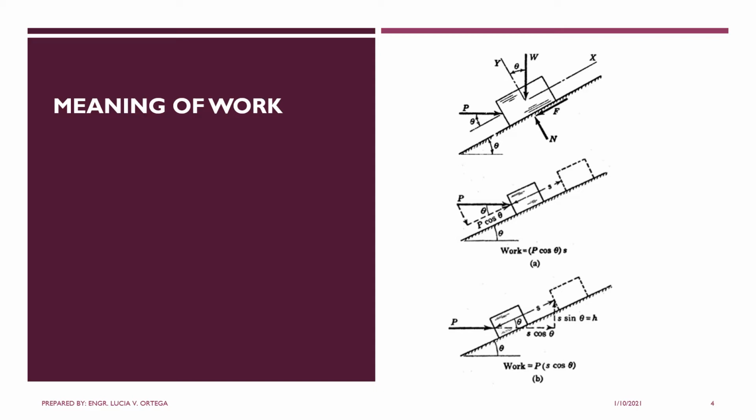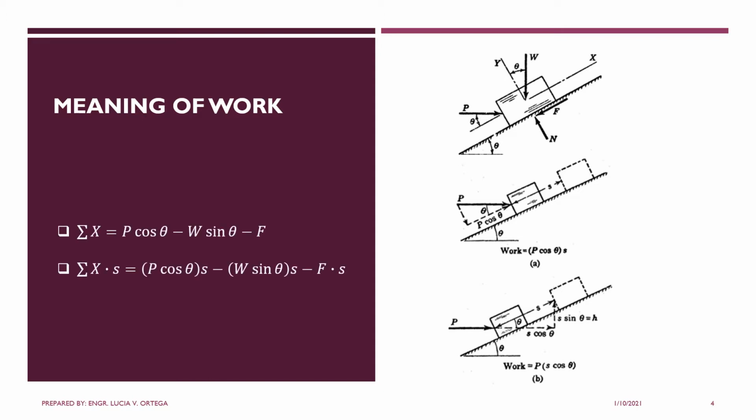But we also have this vertical distance. There is a force that is against the work, that is the weight of the body times this distance. That's negative work, and the positive work is produced by force P.